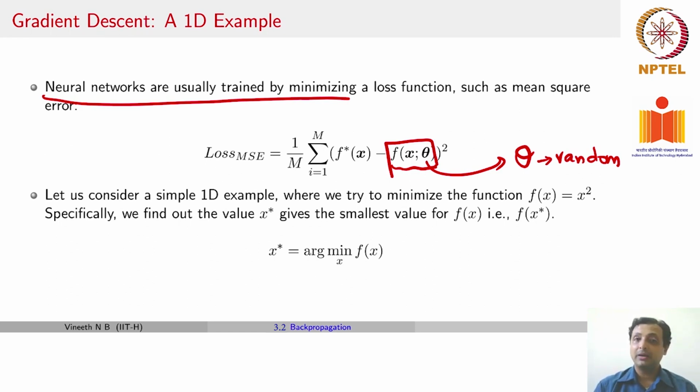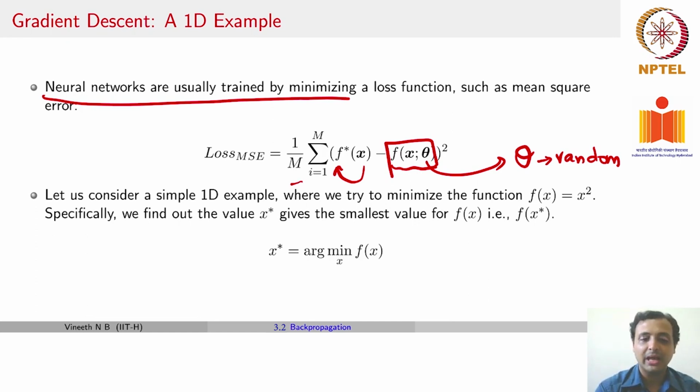But in your training data, you already know what x should give you, because that's why it's called training data. You have the correct labels given to you, so you have at least f star of x defined for that particular value of x. You may not know what f star is at other places, but you know what f star is at that particular location.